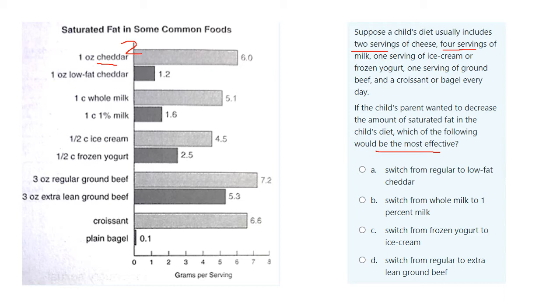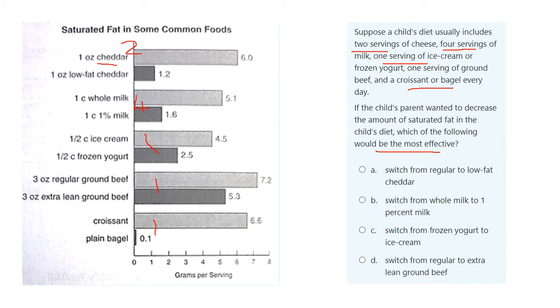And milk is 4 servings. 1 serving of ice cream is 1 serving. 1 serving of ground beef, well, ground beef is 1. And a croissant or bagel is 1.